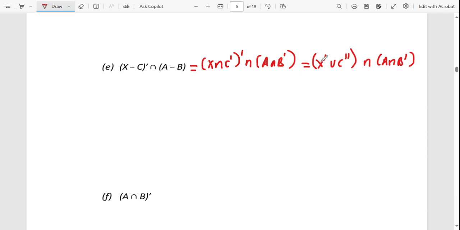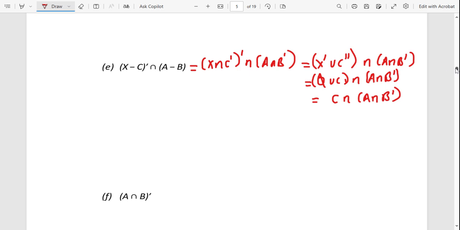And I told you that universal set complement is an empty set. So that will be empty set union C. And then intersection A intersection B complement. Empty set union any set is just that same set. So this is just C intersection A intersection B complement.